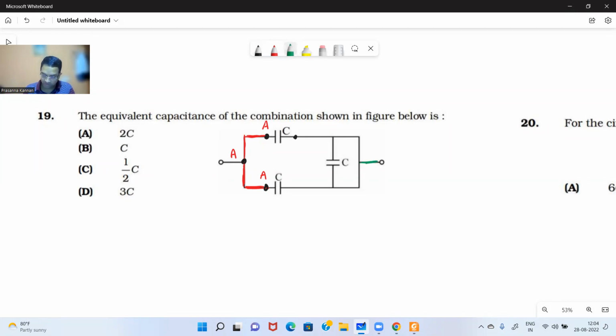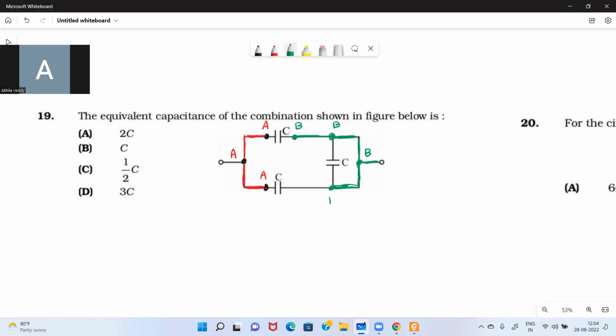So let's call this point B, okay? Then what is this point? B. Potential wise, what is this point? B itself, right? Because as I'm drawing this line, there is no capacitor in that path. What is this point?